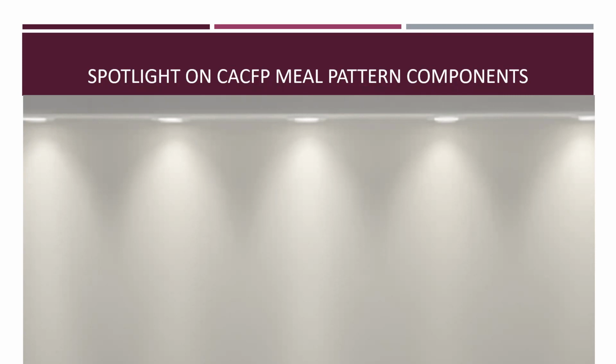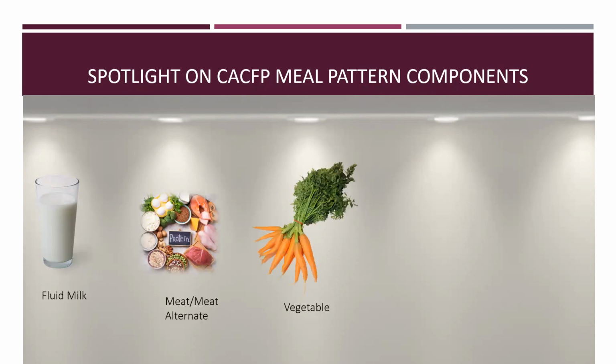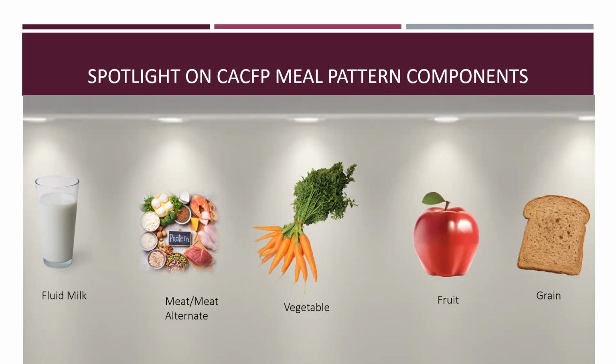Those food groups or components are fluid milk, meat alternate, vegetables, fruit, and grains. Each component stands alone in the lunch, supper, and snack meal patterns. The breakfast meal pattern combines the veggie and fruit component. In the upcoming slides, we will go in depth and learn about each of the components.